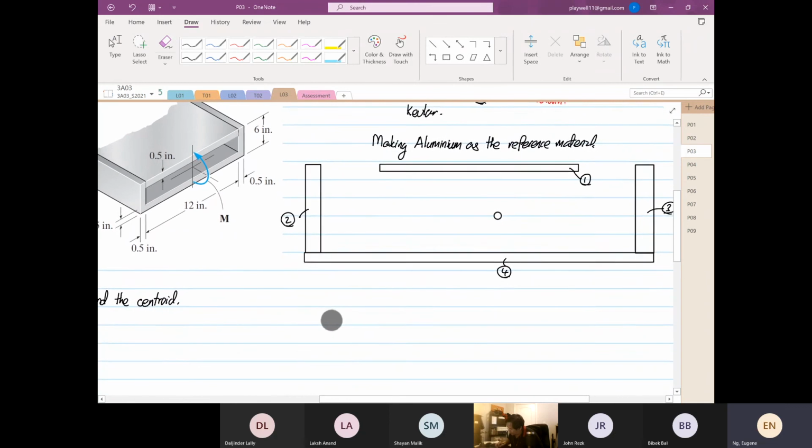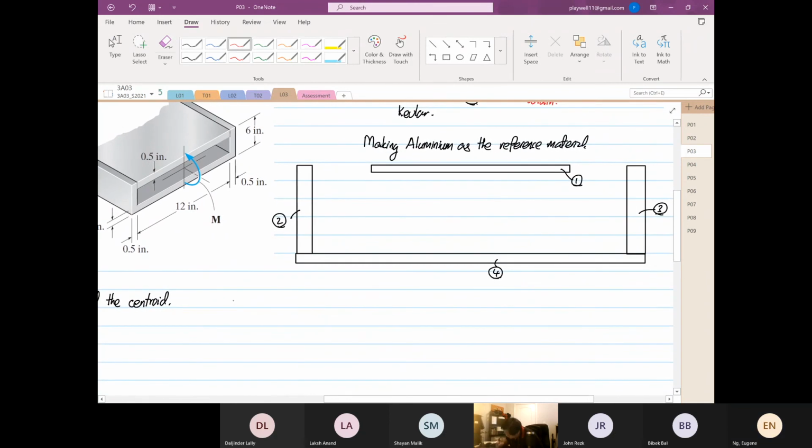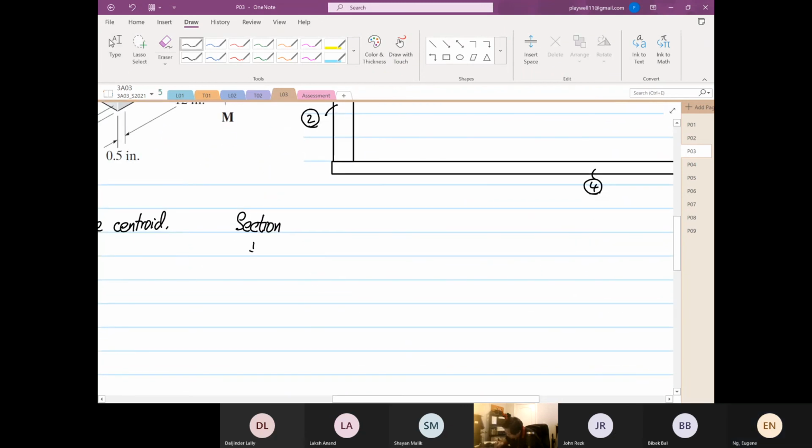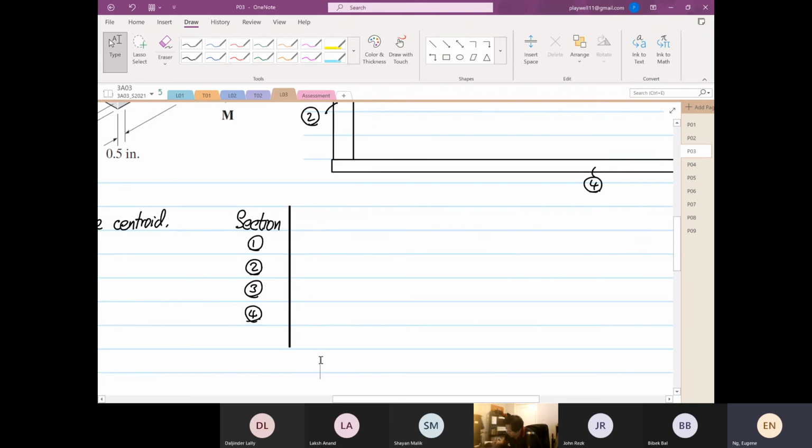So the way we divide our structure, we're going to have section 1, 2, 3, and 4. And because it is a composite material, we need to also know what each section is made of. So we write down the material.